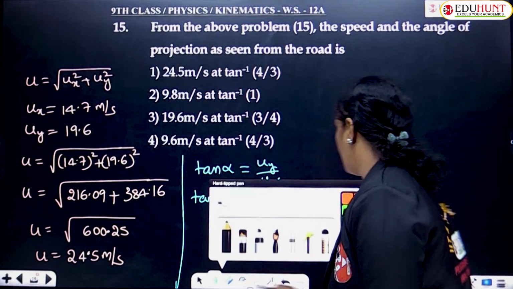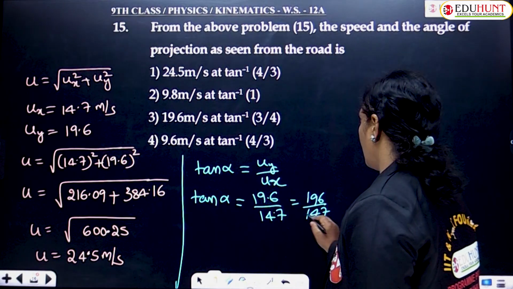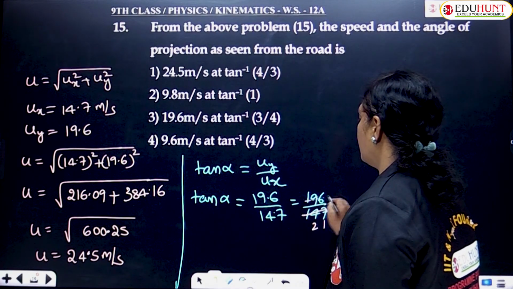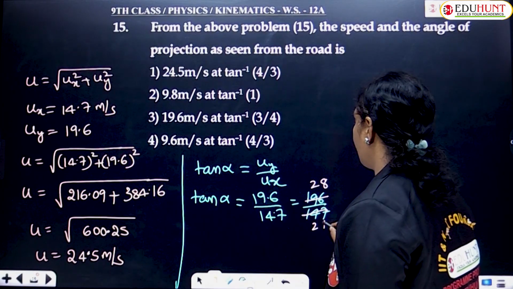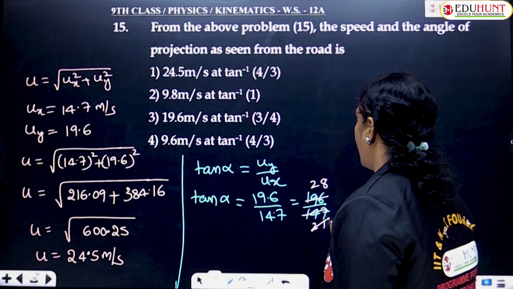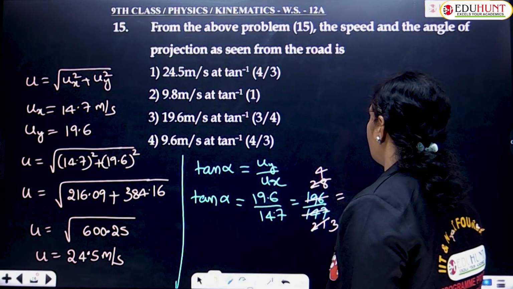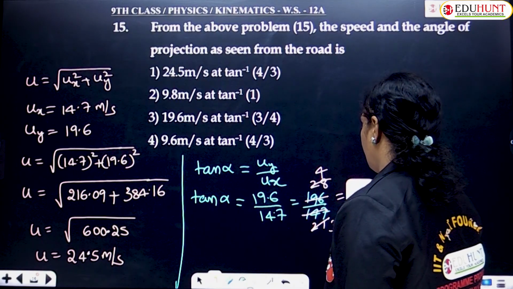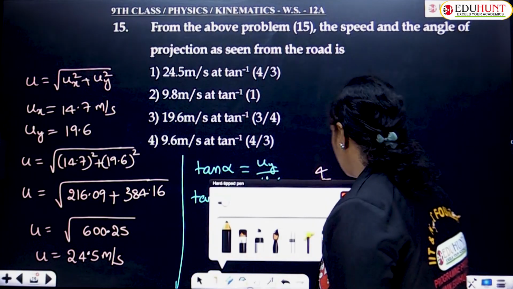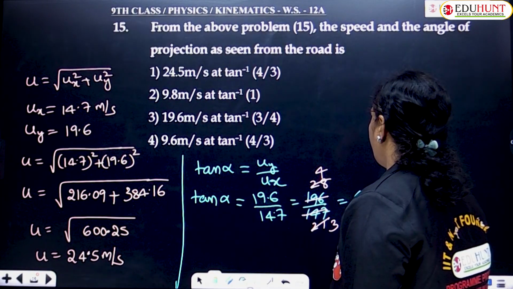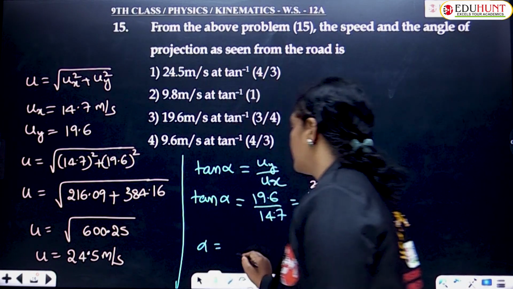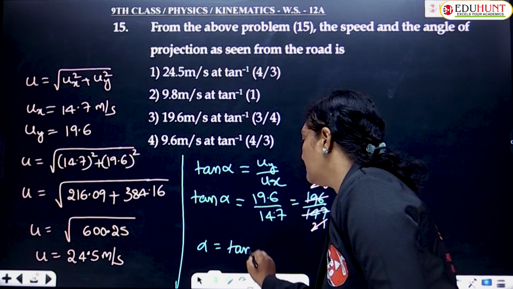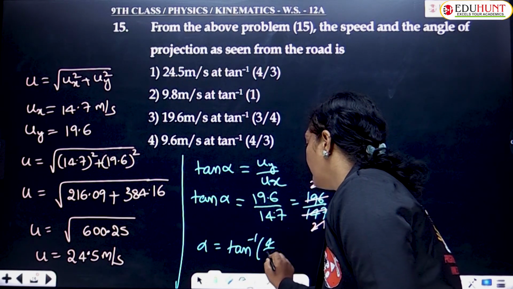So this may go with the 7, 7 2s 14, 7 1s, and here again 7 2s 14 and 7 8s. Again 7 3s and 7 4s. So the answer must be 4 by 3. Hence, the value of alpha is found to be tan inverse of 4 by 3.